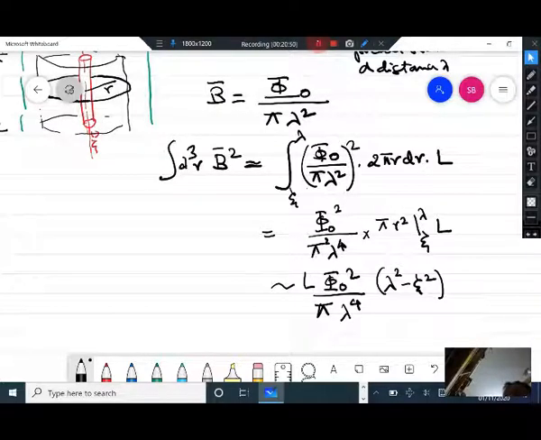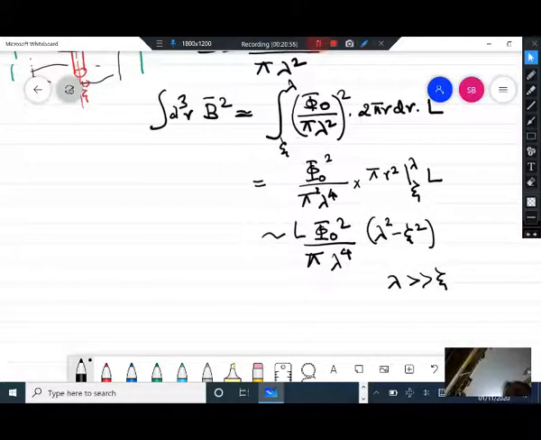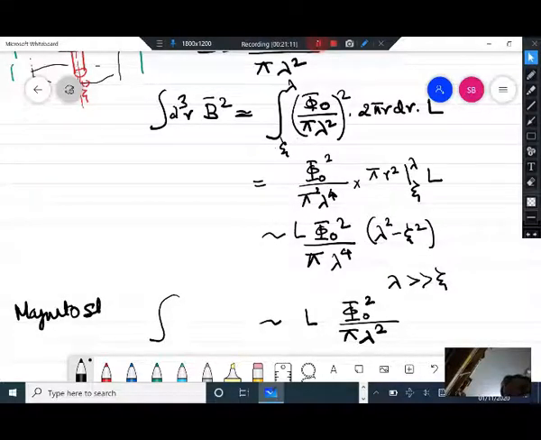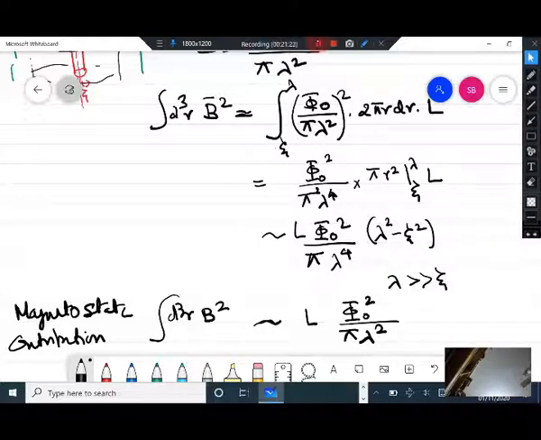And as we are working in the extreme type 2 limit, that lambda is much greater than xi, this would approximately be phi naught square by pi lambda square. This would roughly be the magnetostatic contribution. So the integral d cube r B square would roughly go like this.